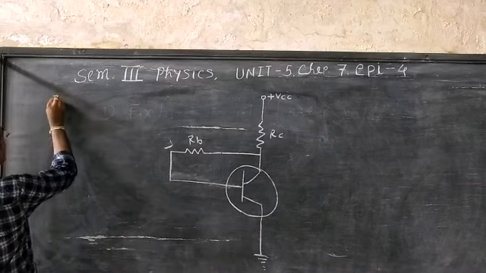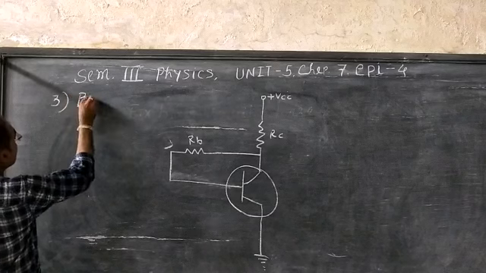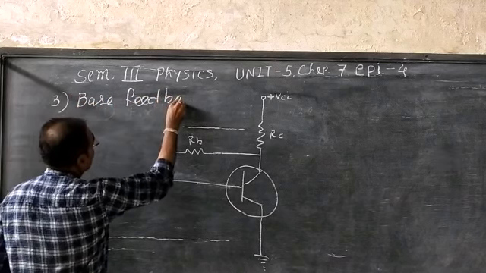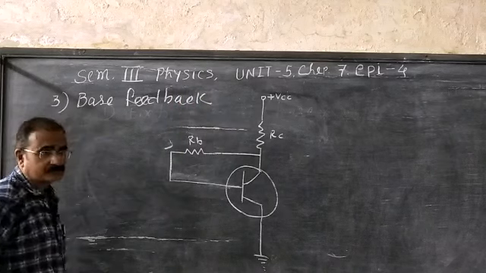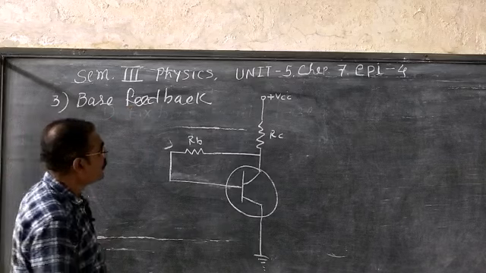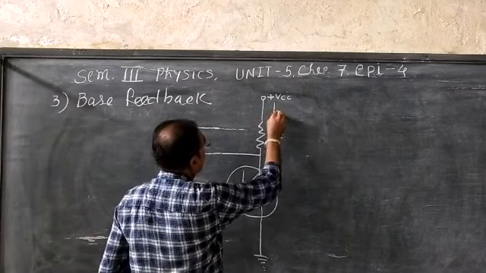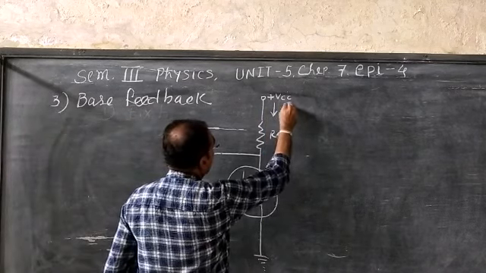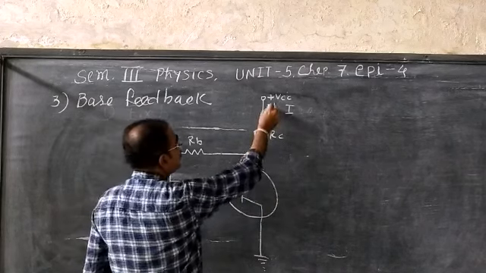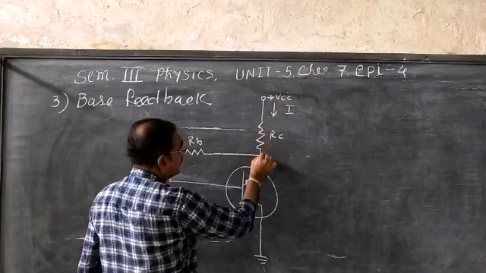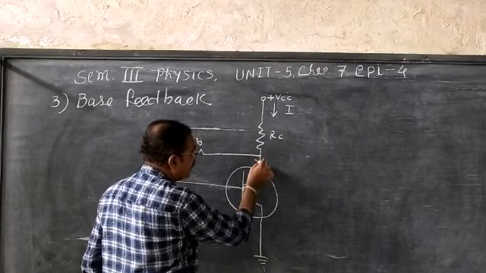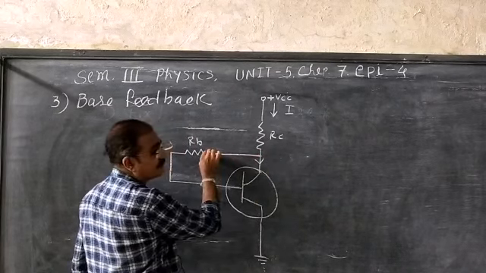Base feedback resistor technique. I am not using the full name. Now you see the current flow, I, in the circuit. Current will start to flow and here are two branches. One is directly connected with the collector, another goes to the base.